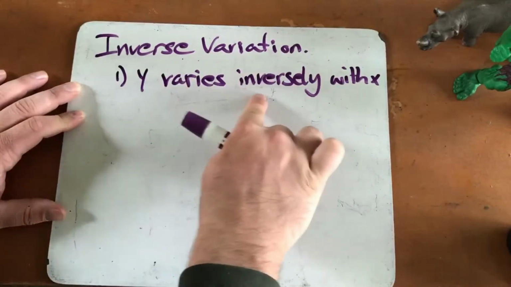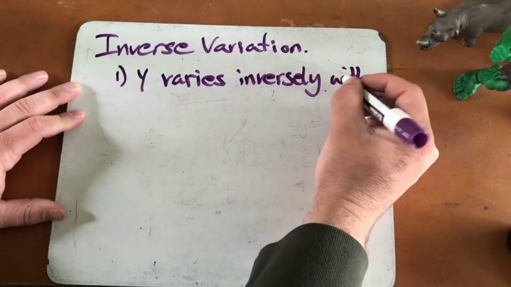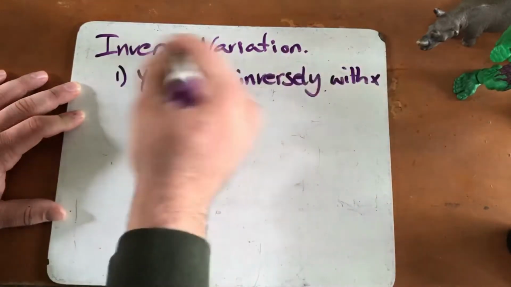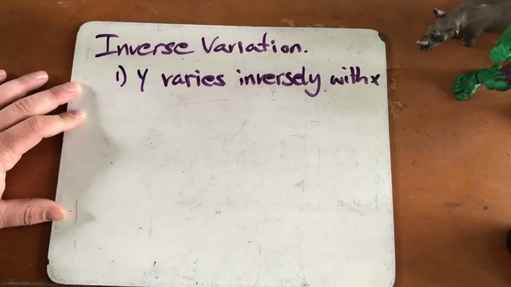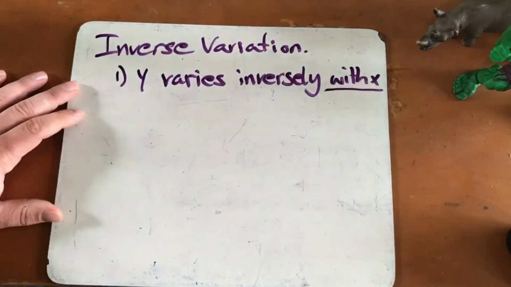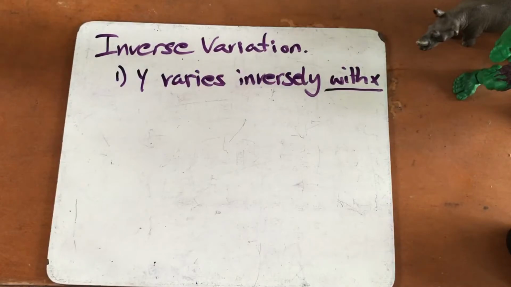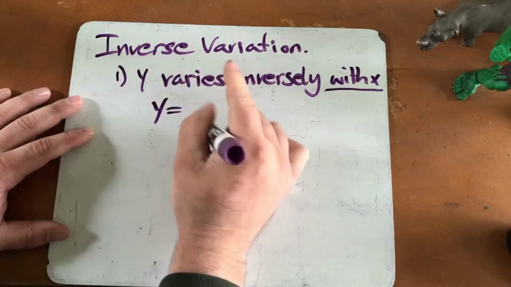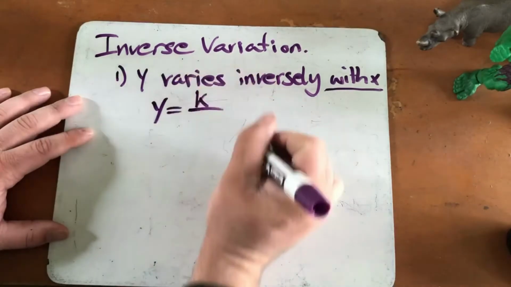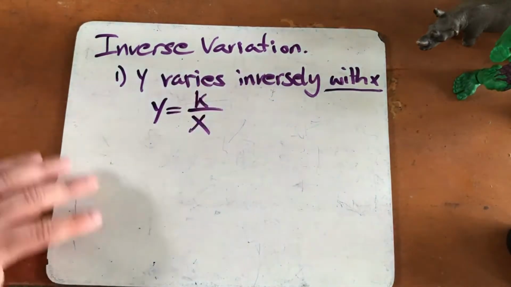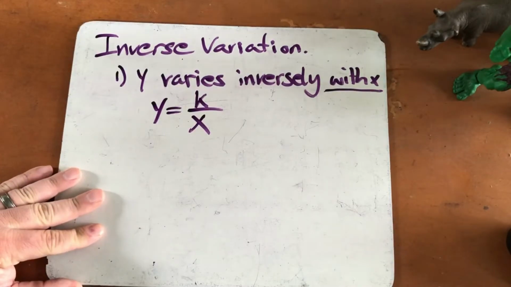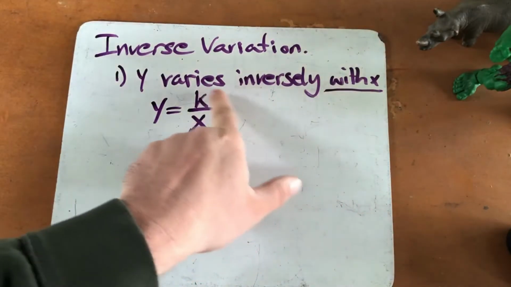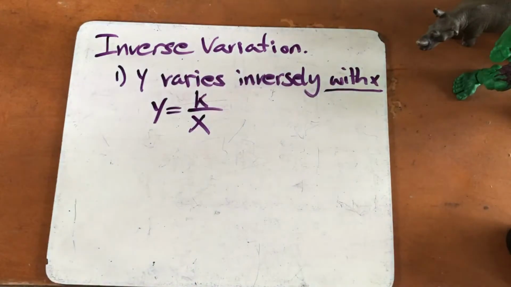Whatever it tells me it varies inversely with, that goes in the denominator. So y varies inversely, so that's k on top, with x, so x is on the bottom. Whatever follows varies inversely goes in the denominator of my inverse variation formula.